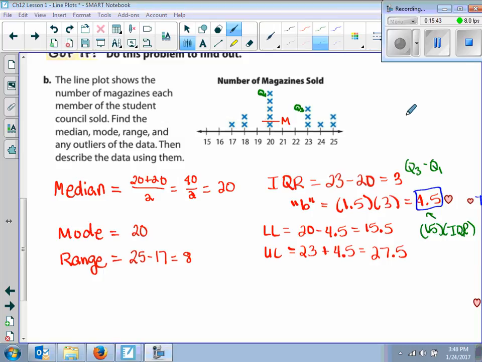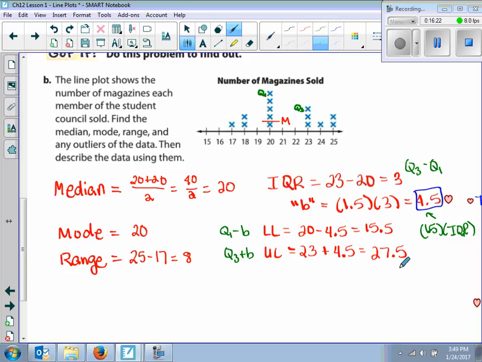Good. Now we're going to use that value for B to figure out our lower limit and our upper limit. So to find the lower limit, we are subtracting quartile 1 minus the B. In order to find the upper limit, we have quartile 3 plus the B. So that's 20 minus 4.5, and 23 plus 4.5.